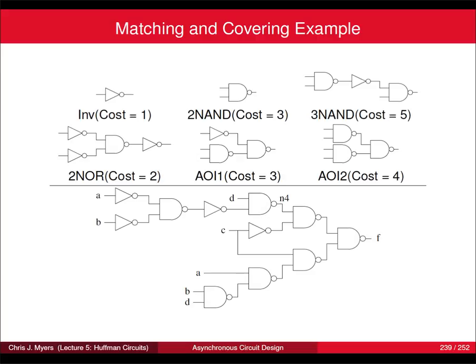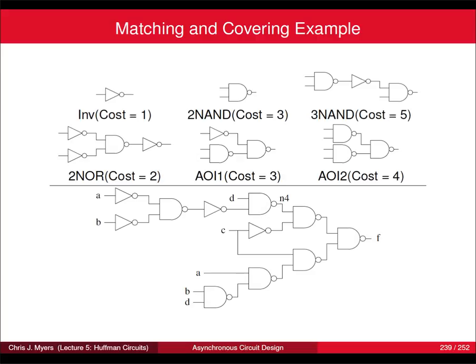So I can take this one, which would be 3 plus 5 plus 9, so 17. Or I could take this one, right? That's 4 plus 6 plus 6. 4 plus 6 plus 6 is 16, right?